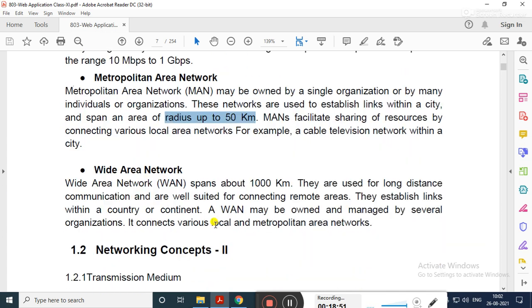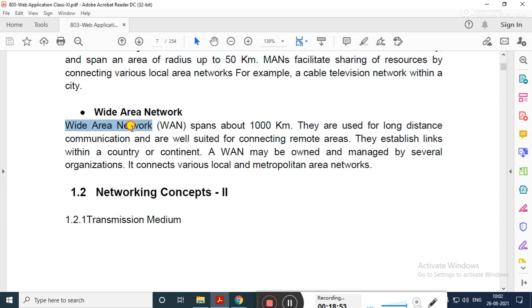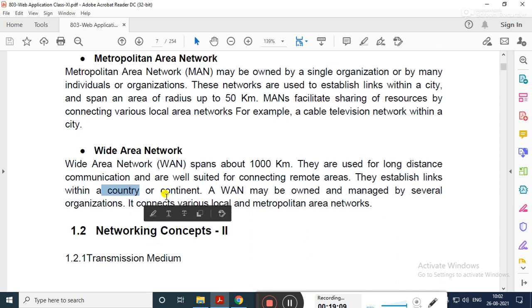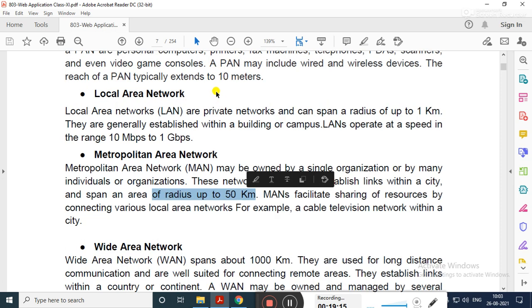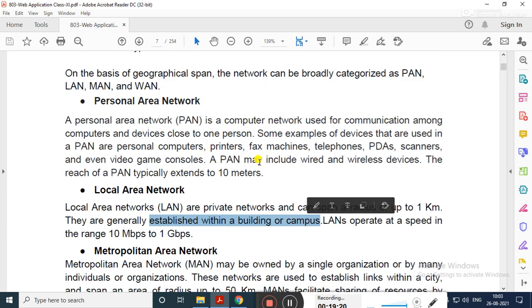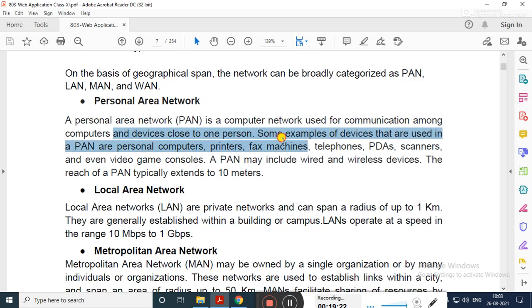Okay. WAN is wide area network, that is WWW, with about 1000 kilometers span. They are used for long distance communication and connecting remote areas also. So this establishes links within a country or a continent. So see, WAN refers to the country, MAN is within 50 kilometers, within a city, LAN refers basically to within a building, a school, a college, an office, and PAN is within your personal home.